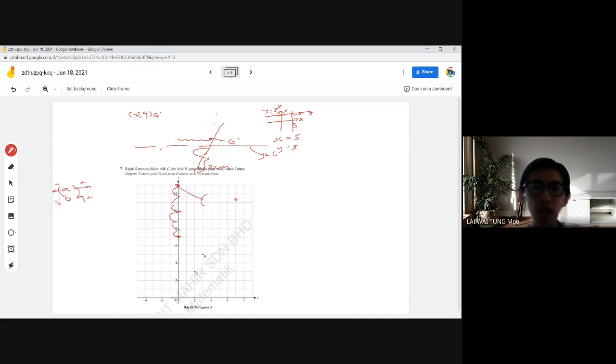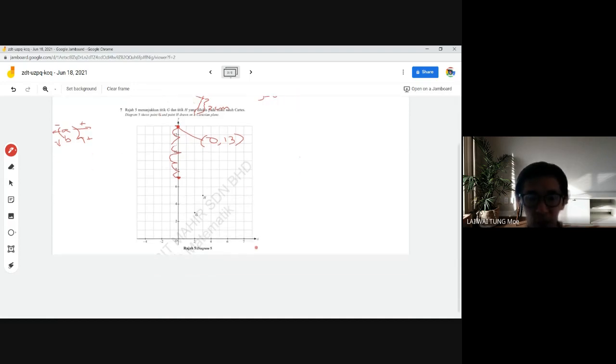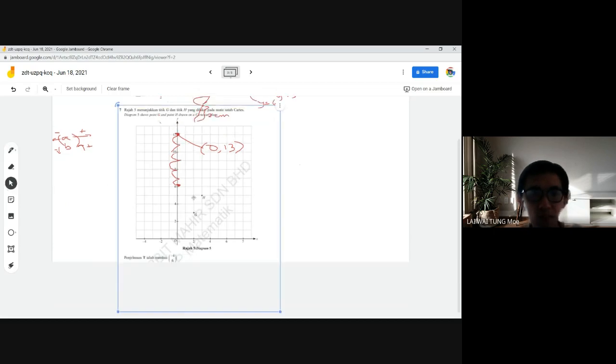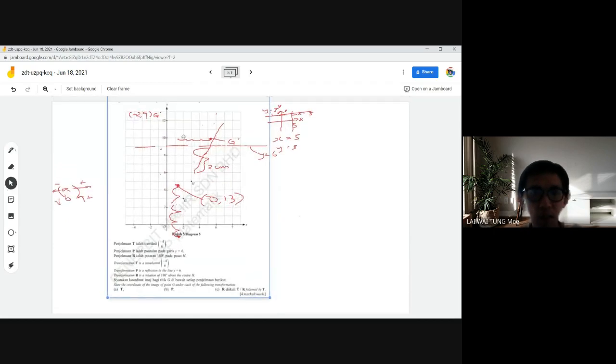So the coordinate for this point should be 0, 13. Am I right? 0, 13. Okay, so this is the answer for question number C.